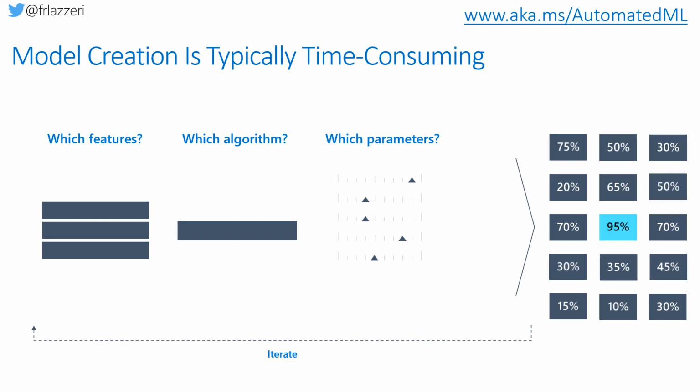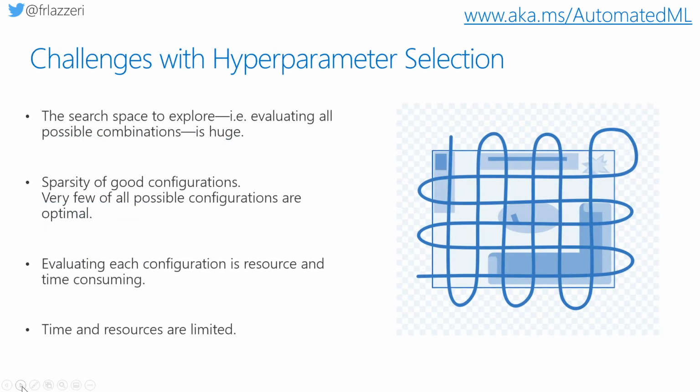Again, this is an example, but this is really what data scientists need to do. As you can see here, it's a very iterative process, and it's also really time consuming, because not only do you have to try different sets of features, but it's also important to try different algorithms and also do what we call hyperparameter tuning for each algorithm.